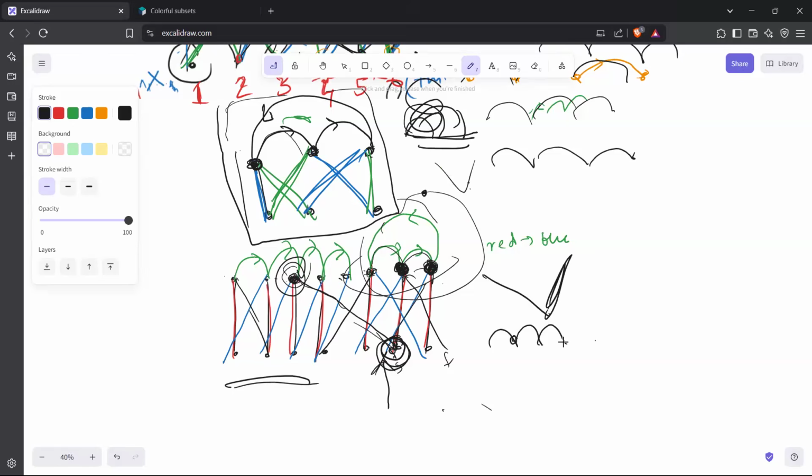Your black edge is going to connect at least two of them. So you want to show that at least one such vertex exists. What do you want to show about the vertex? I don't want to show anything about the vertex. Then the coloring simply works if you have such a vertex.